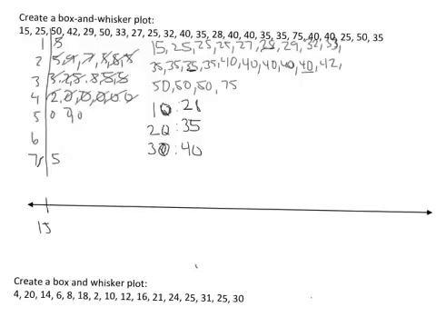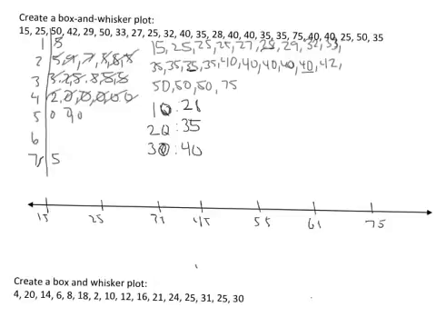I'm actually going to erase this 15 quick. I'm going to put it way down here, actually right next to it. So we got 15 there, and then we need to go to 25, 35, 45, 55, 65, and 75.